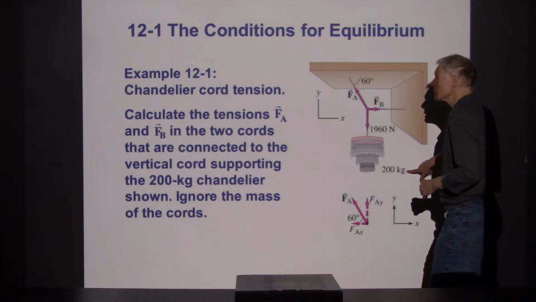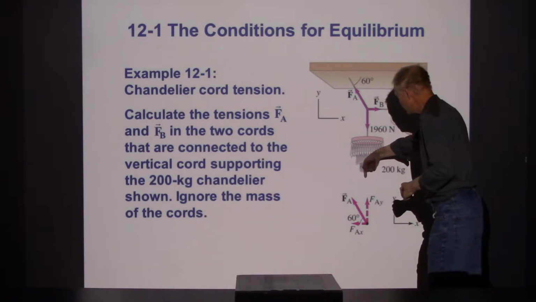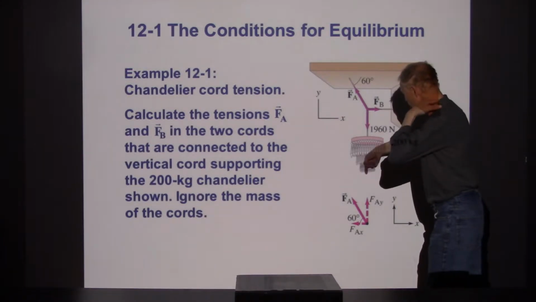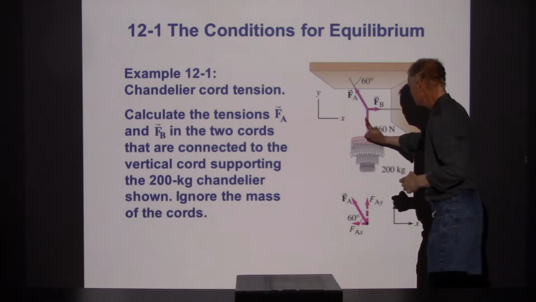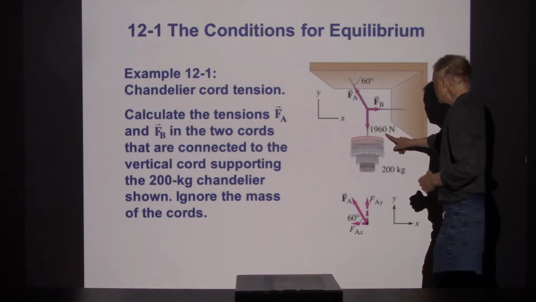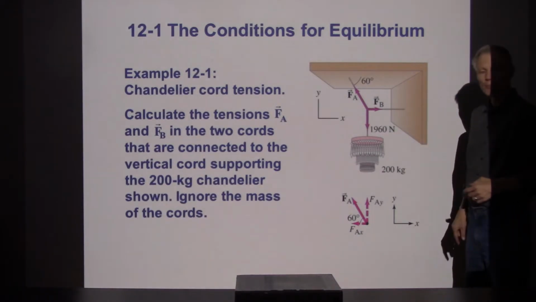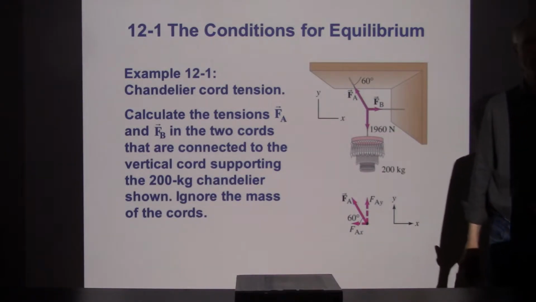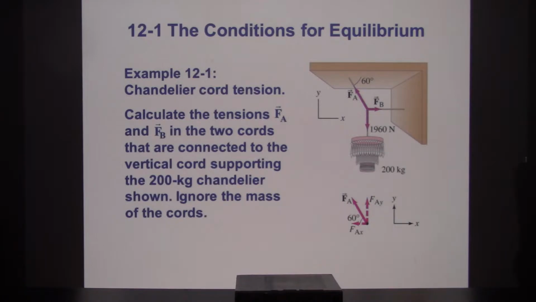If I think in terms of mg, the chandelier has a force of mg. There's a tension in this cable, and so this is going to be 1960 newtons. That's the amount of force needed to support 200 kilograms. The force of gravity is going to be mg.